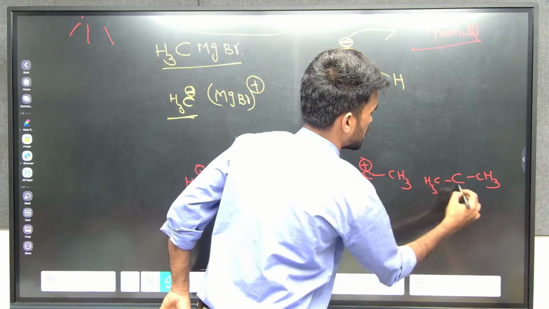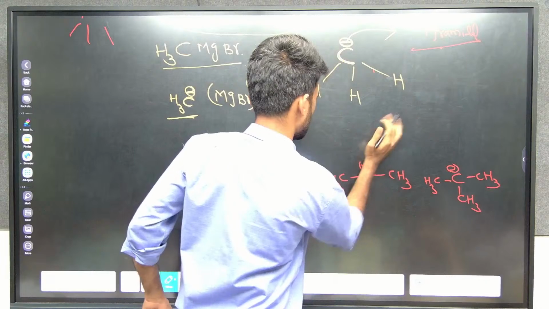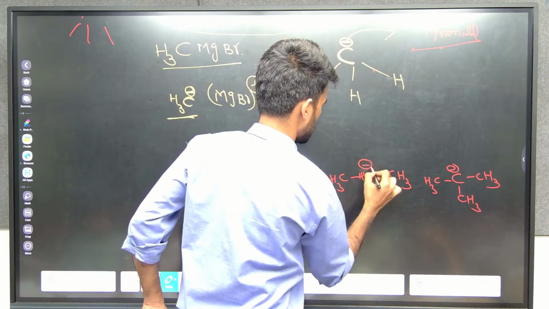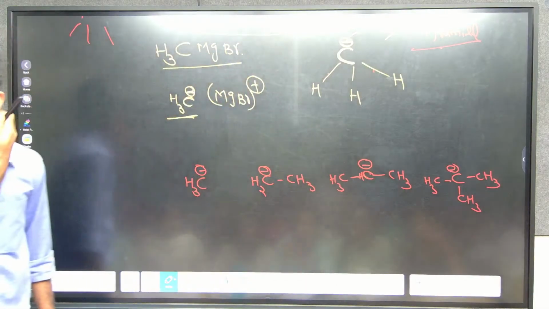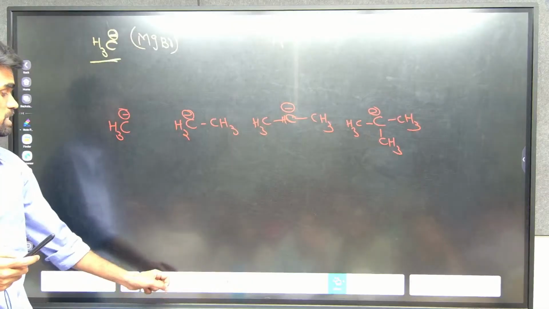Which is the more stable carbon anion out of this? Which one?